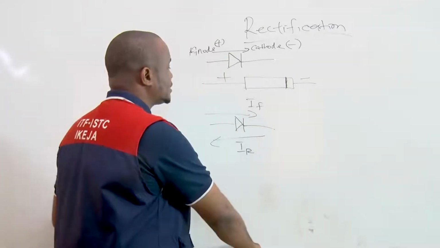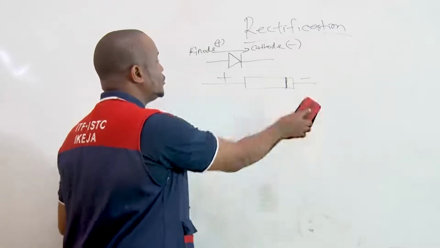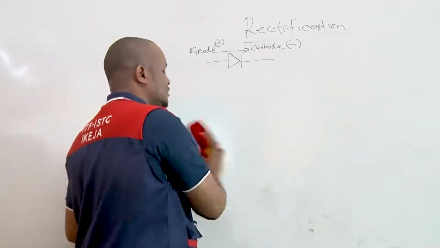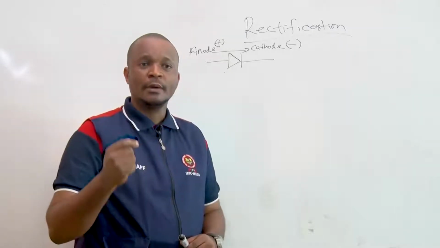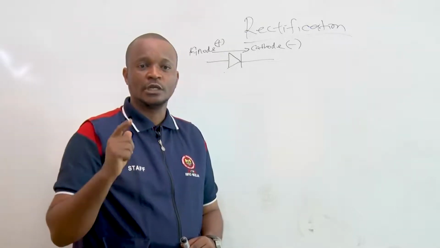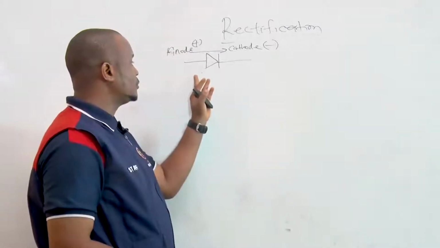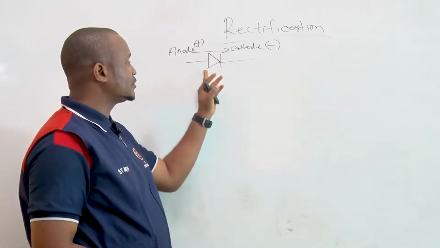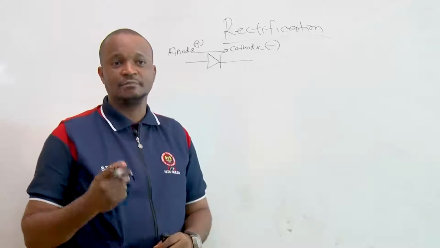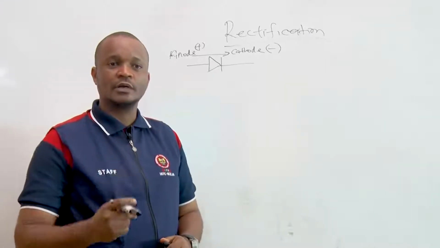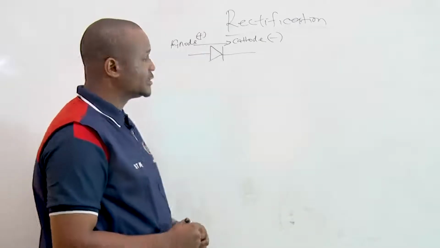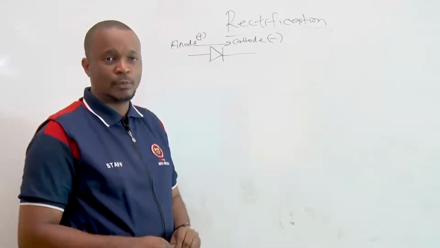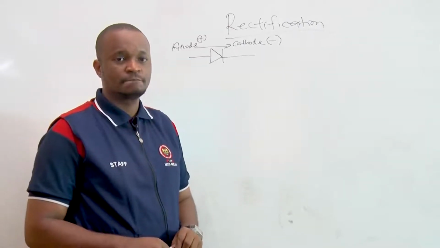To achieve this rectification purpose, we will be using the characteristics of this diode, its ability to allow current to flow in one direction. Okay?